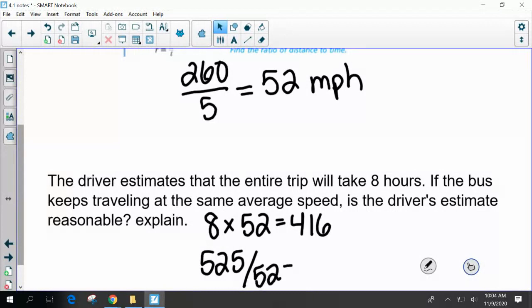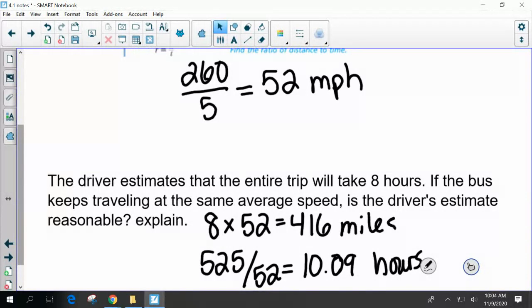Either way, and you end up getting 10 point something, right? 10.09 maybe. So either way, it's showing you that this is hours. You're going to take about 10 hours, and then this would only be miles. So either way, you can calculate the fact that planning 8 hours for this trip is not a reasonable estimate. It's going to take longer.